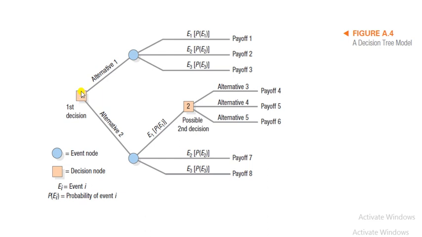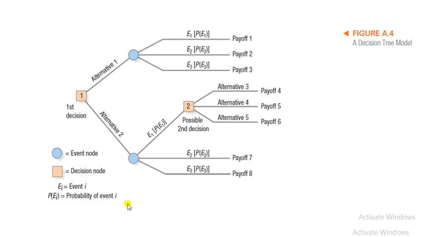Similarly, if you talk about the second alternative, it is leading to an event node, and this event will lead to the second possible decision, and then it will further lead to alternative 3 and alternative 4.